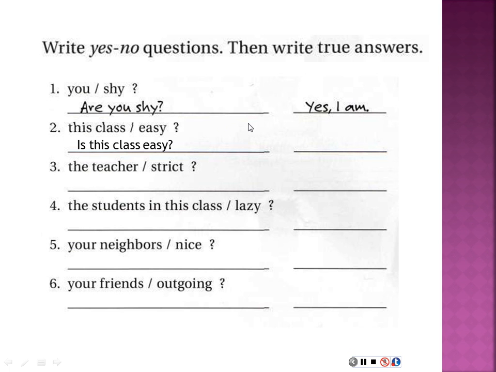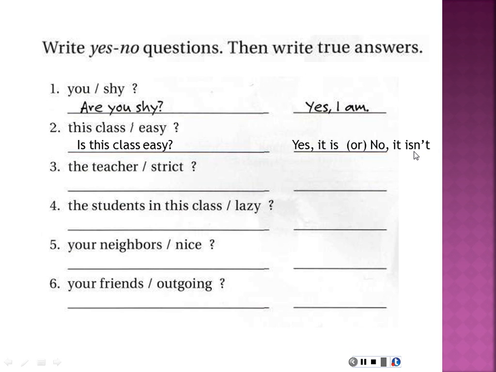Okay, and the answer is yes or no. It's according to you. الإجابة تعود لكم. Maybe yes, maybe not. So we will have both of the answers, yes and no. Okay, yes, it is. We treat this class as it. So yes, it is, or no, it isn't. As you can see here, we can use contraction form.